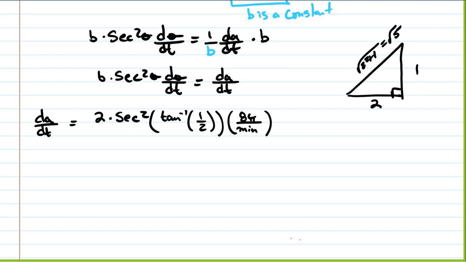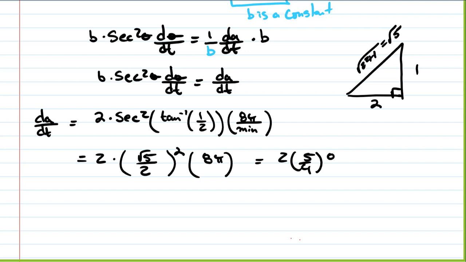So then we start filling in our values. We have 2 times the secant squared. Well, what is secant? 1 over cosine. So cosine is adjacent over hypotenuse. So secant is hypotenuse over adjacent. So we're going to get the square root of 5 over 2, squared, times 8 pi, and we get 2 times 5 over 4 times 8 pi.